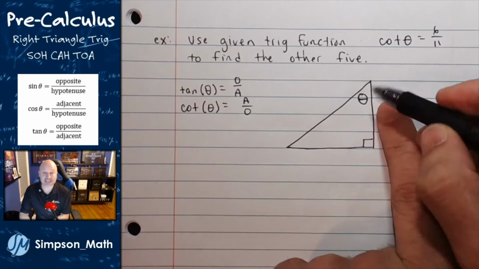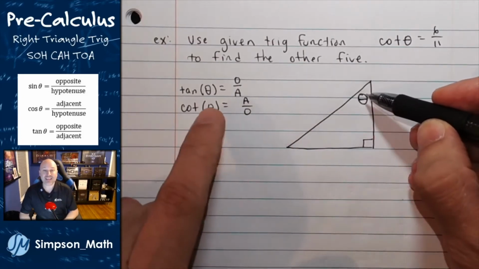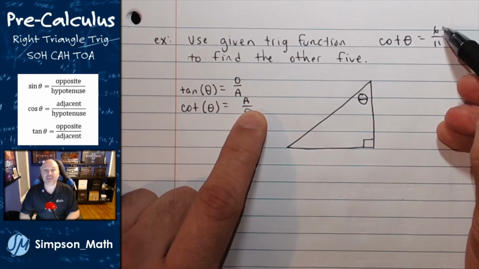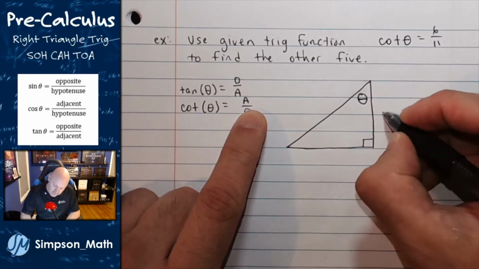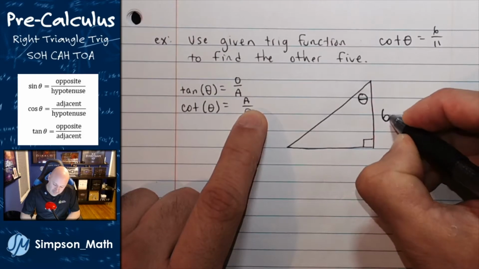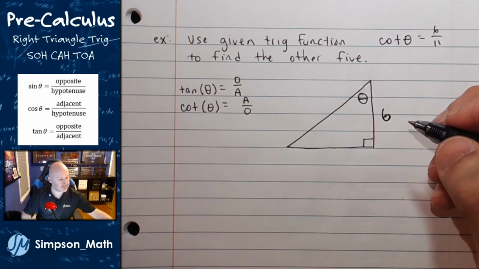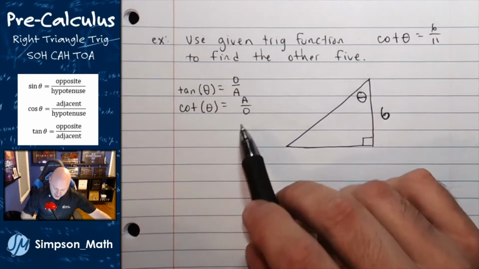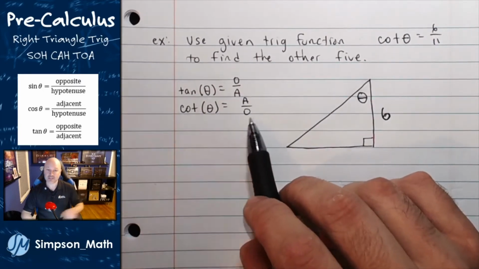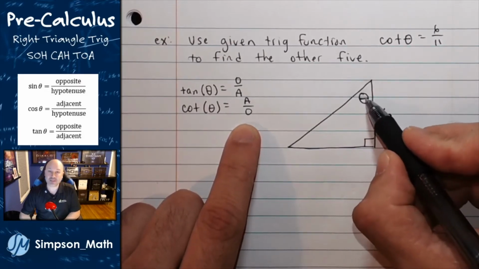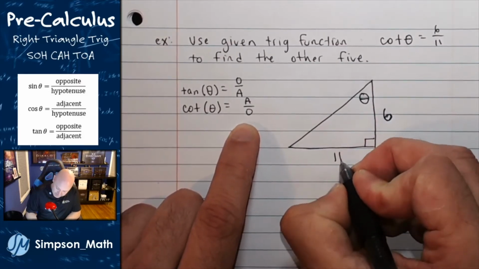So looking at this angle, the adjacent would be the 6. That is, 6 is touching theta. O, the opposite, is the denominator. So the side length opposite theta is 11.